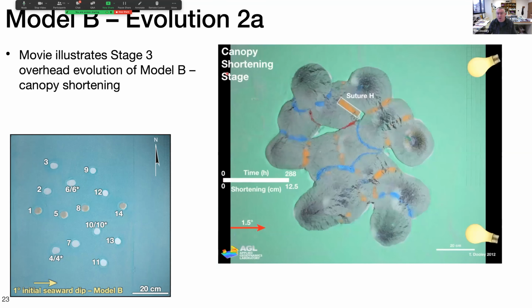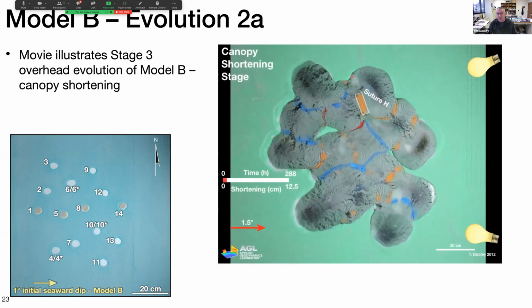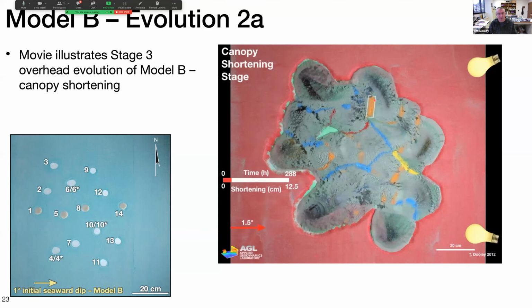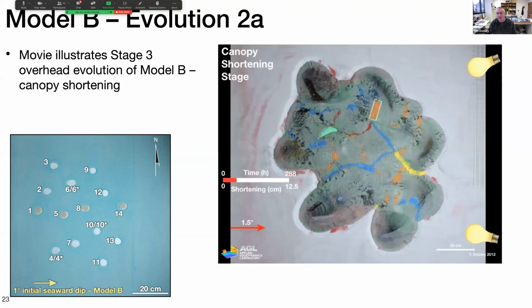So here, this is model B, and I'm just going to give it a small shortening of 12.5 centimeters here, and just take a look at what happens to our suture here.